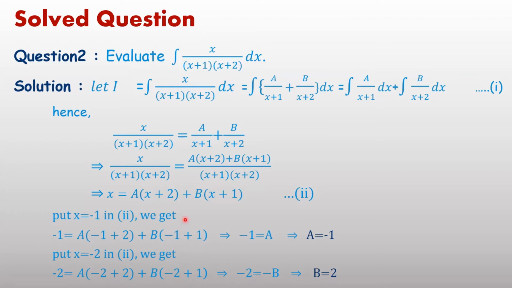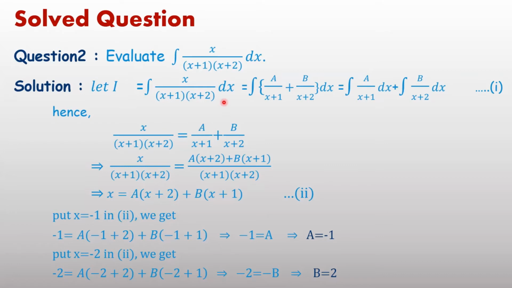So this method is given in Vedic mathematics, and it is easier for students for solving questions based on partial fractions. Now, in place of a we write minus 1, and in place of b, 2, and simplify RHS. After solving, you will observe LHS equal to RHS.